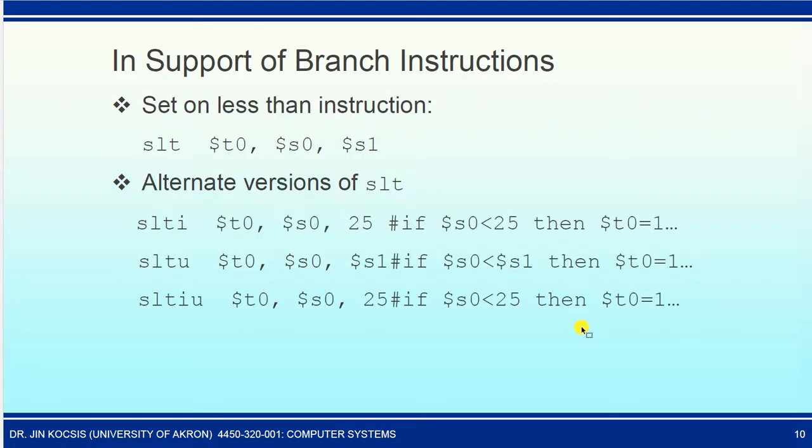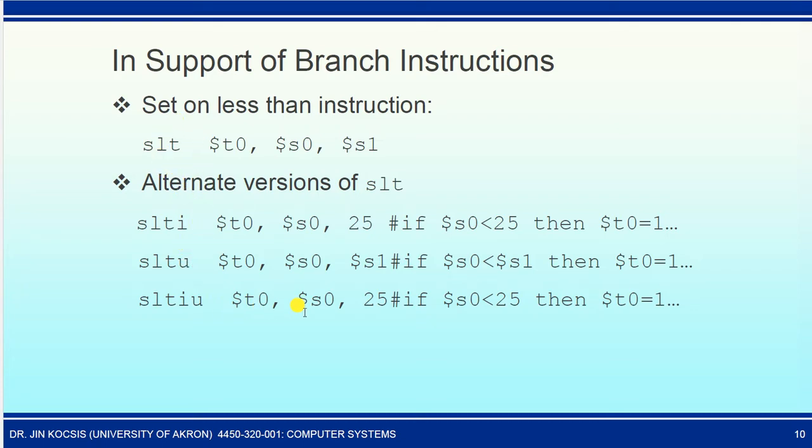And there is an alternative version of the set and less than. For example, if one of the source operands is a constant, instead of using set and less than, I use set and less than immediate. If all the source operands are negative, I will use set and less than unsigned to replace set and less than.